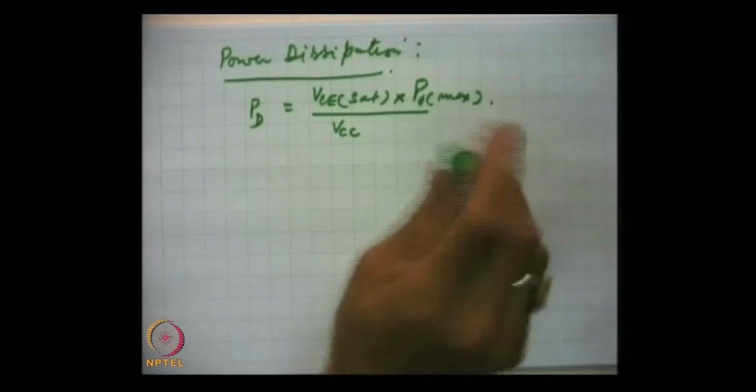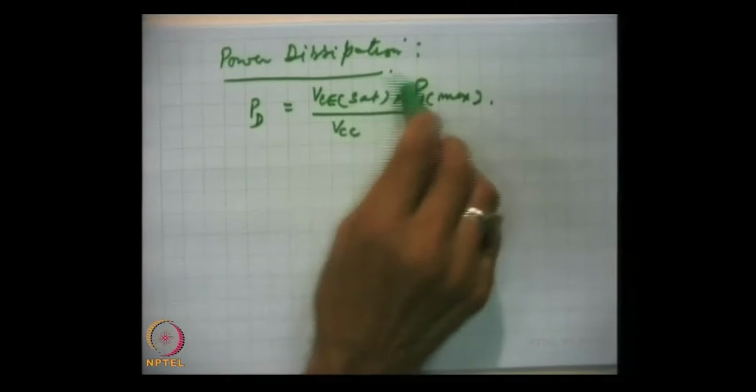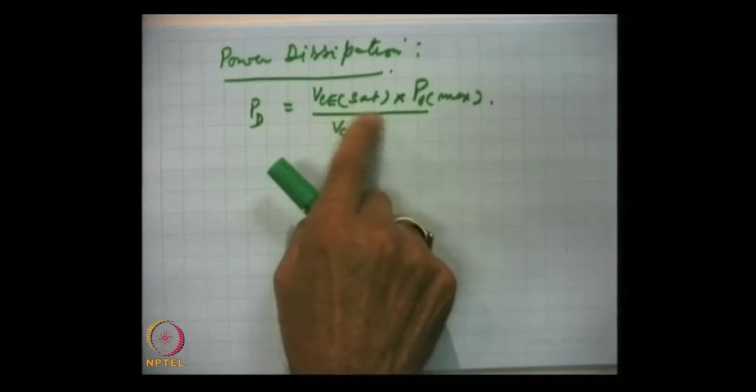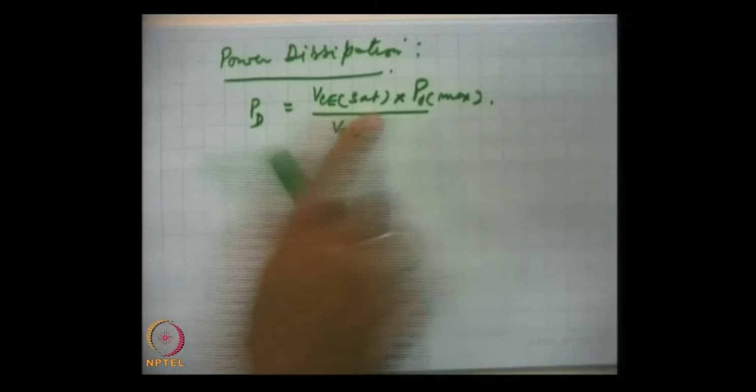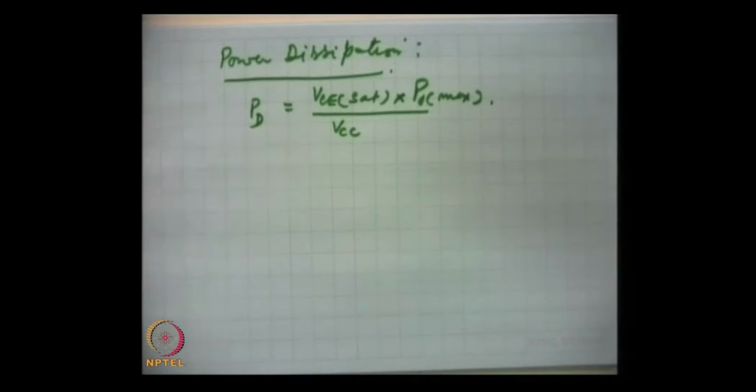This is also very small because VCE set is very small. If we have the data for these voltages and this power, then power dissipation can be calculated. So, that finishes our class C operation, and in fact this module on power amplifiers is complete.